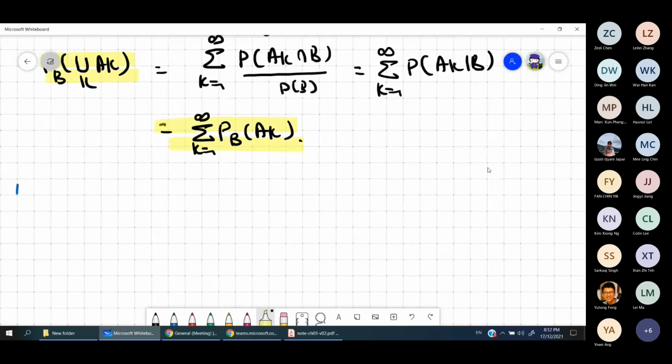And the next one will be these theorems.